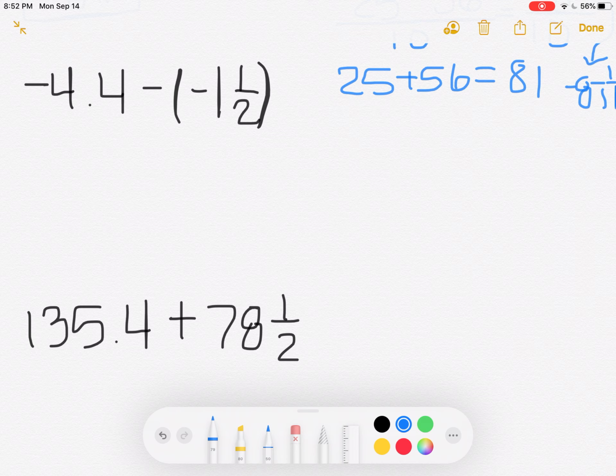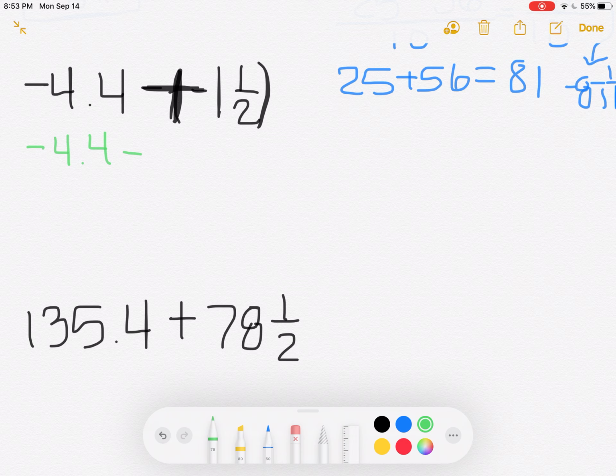Looking at this next one, we're first going to do the decimals, and then we could do the fractions. So we have negative 4.4 minus, and notice here we have a negative and another negative. So I'm going to make this positive. Two negatives make a positive.